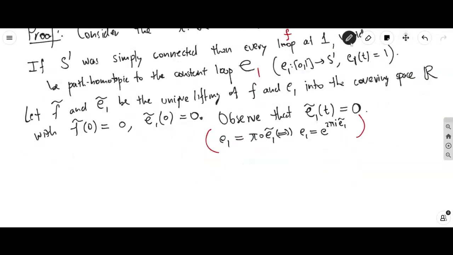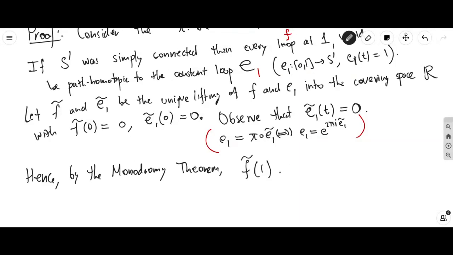So hence, by the monodromy theorem, if you look at the terminal point of f tilde, that should be equal to the terminal point of the constant path. But the terminal point of the constant map is 0.